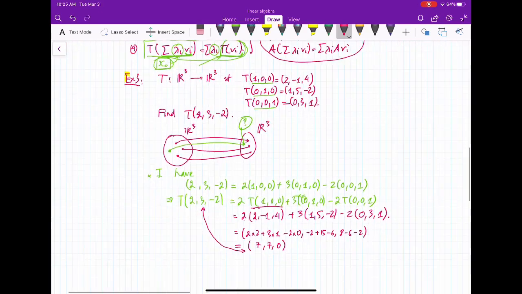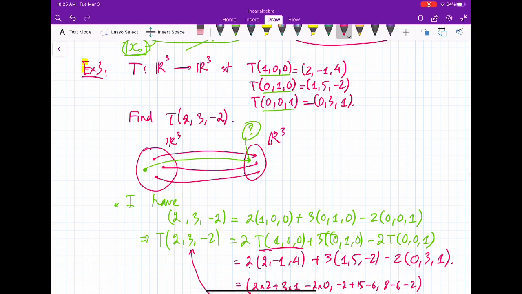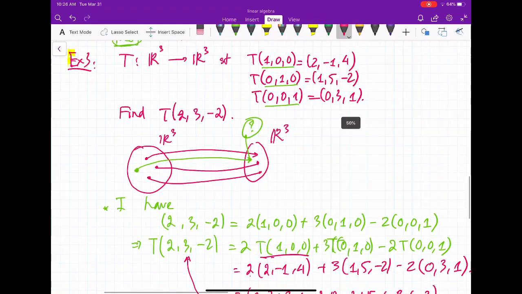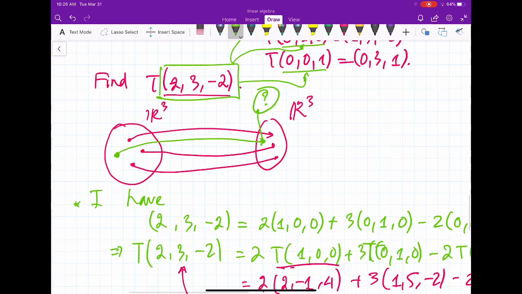From this example, we might generalize it. We might use this technique, this idea, for any problems like this. Make sense? Even if they don't give you (1, 0, 0), (0, 1, 0), (0, 0, 1), whatever they pick, the only thing you need to do is express your vector as a linear combination of those vectors, and then apply T to the whole linear combination.